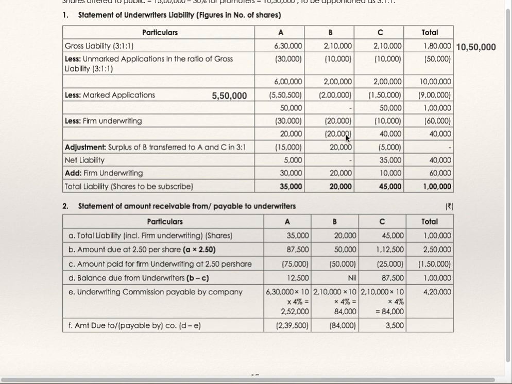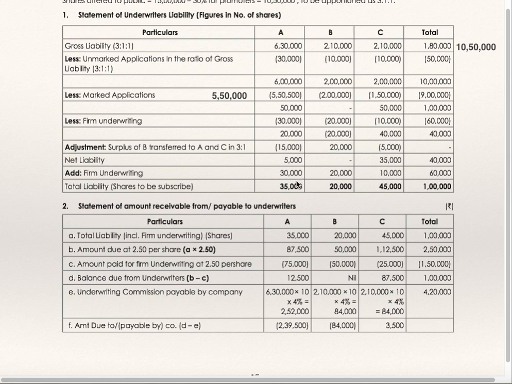If you get any negative figure, it is to be distributed among the underwriters who have a positive figure in the ratio of gross liability. So after all these calculations, of the 40,000 shares, A's liability is 5,000, C's liability is 35,000.